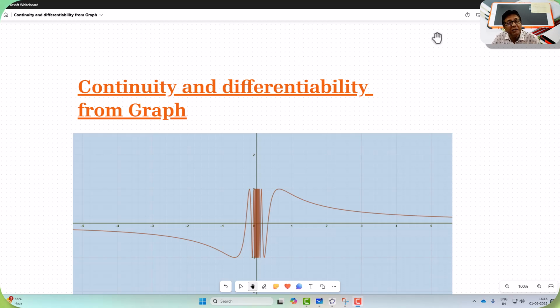It means if the graph of a function at a point has a kink, a corner point, a very sharp edge, it won't be differentiable over there. Let me illustrate with some simple examples in today's class.